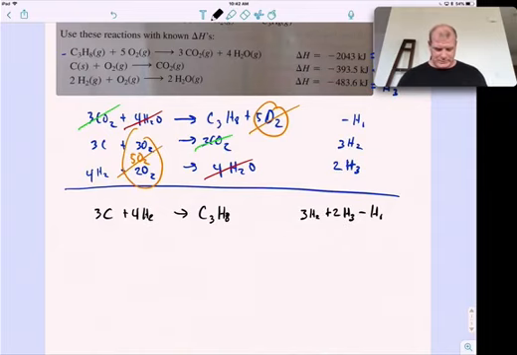Sorry, it's 393.5, 393.5 is H2, plus 2 times 483.6. That's a negative. I should put a negative. Don't forget the negative as I'm talking to myself. And then plus, that's just 1H1, 2043. And we were left with the negative 104.7.